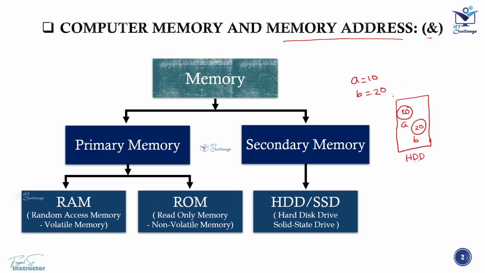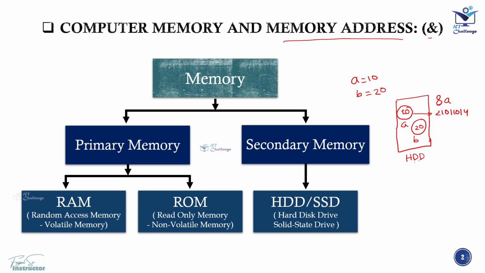If I want to know the location of A, nobody can tell you the actual location of this variable. So if I say address or ampersand of A, it indicates the location of A. This could be the location of A. We don't know the location, that's why we write ampersand of A, which indicates the location of A, and the data is A is equal to 10.